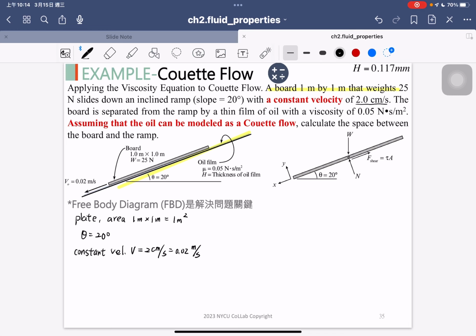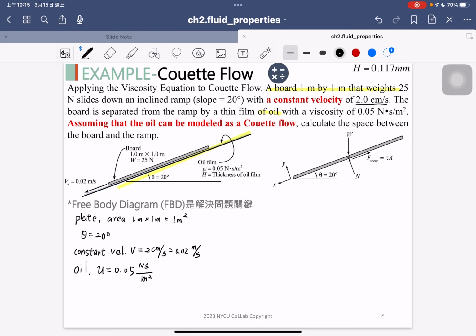Okay, and we know that we put the oil as the lubrication material between the incline table and the plate. And we know that the viscosity for the oil, mu, is 0.05 Newton seconds per meter square.